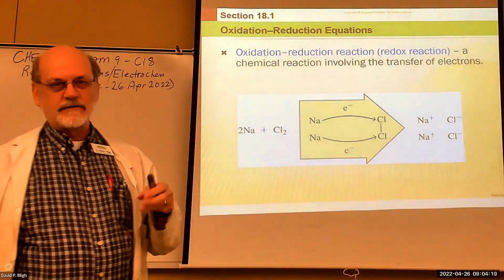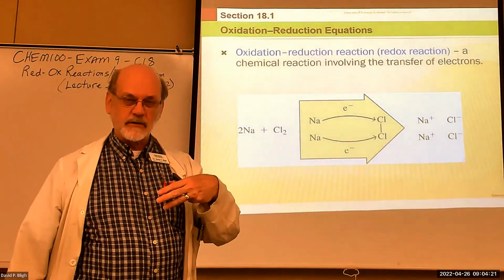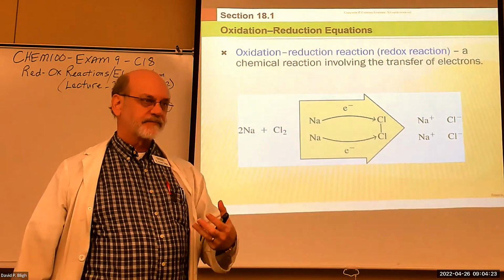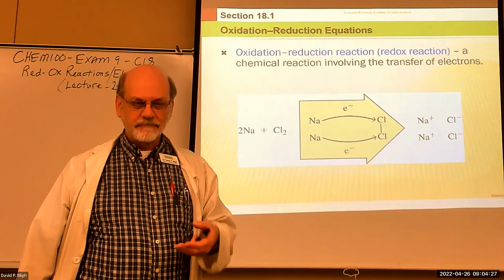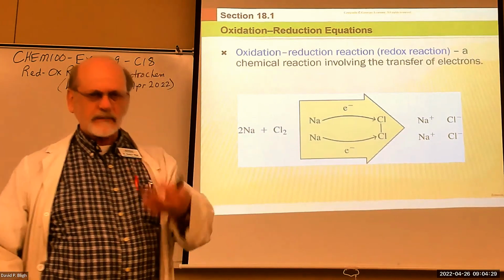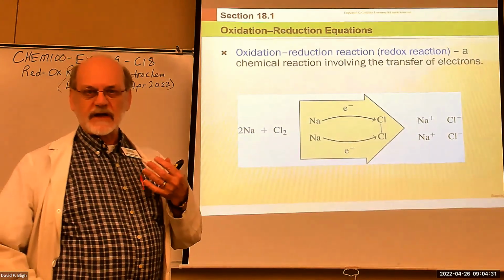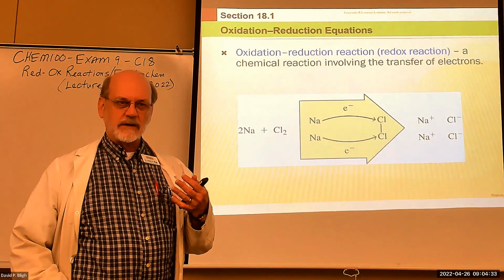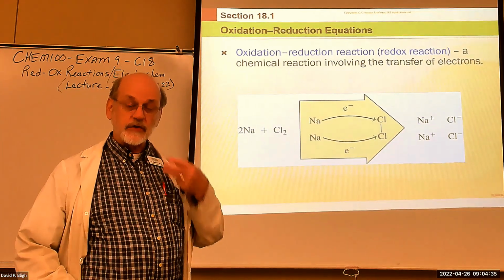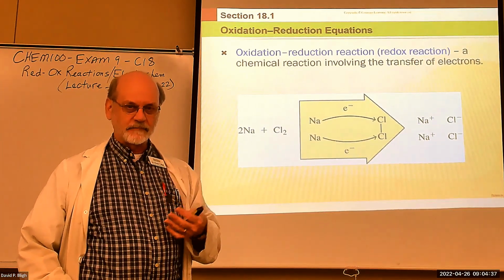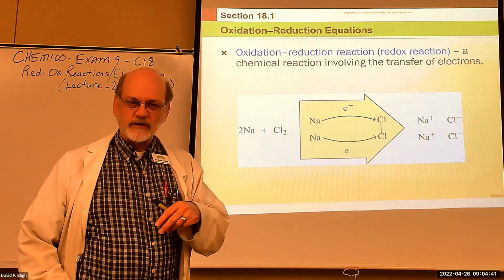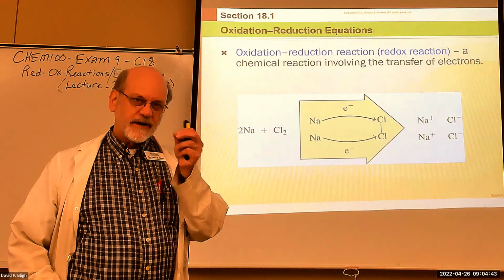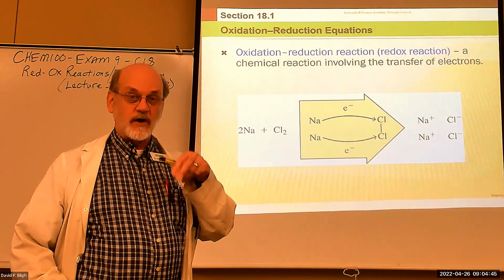Now, you don't have to have a metal and non-metal to react in a redox fashion. You can have two non-metals reacting, and I'll give you some tools in a few minutes that'll help you determine whether you do have a redox reaction, because all reactions are not redox, and it's important to figure out which ones are and which ones aren't.